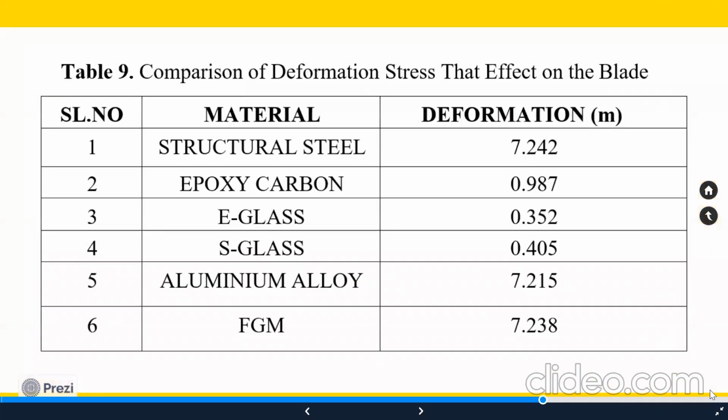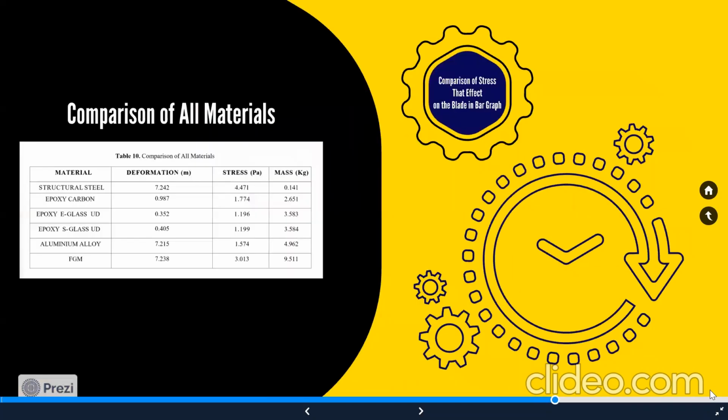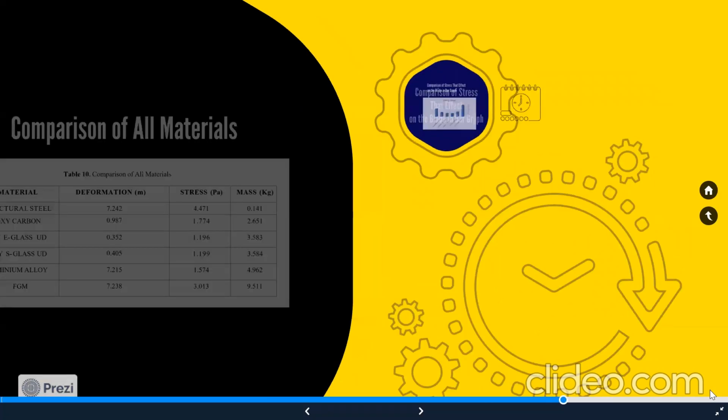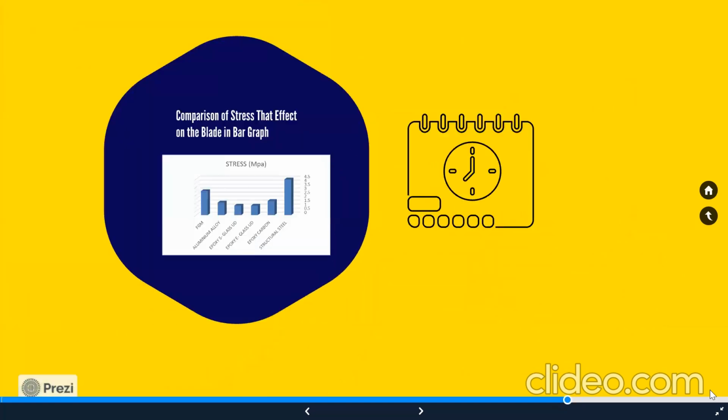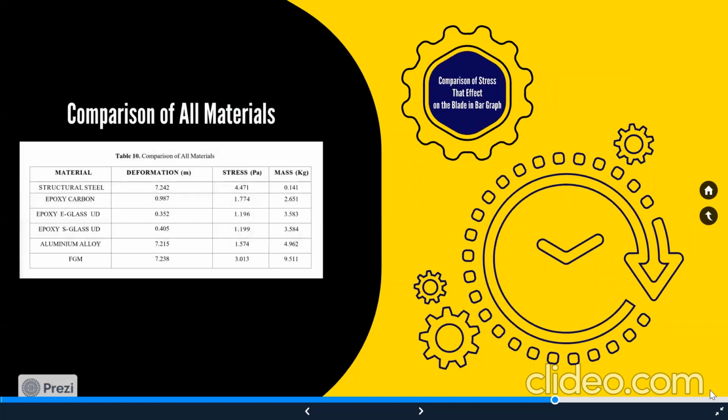Here, the comparison of deformation and stresses that affect the composite turbine plate. These are the deformation values for structural steel, epoxy carbon, E-glass, S-glass, aluminum alloy, and FGM material. Here, the comparison of all materials, as we can see, for the three types: deformation, stresses, and mass.